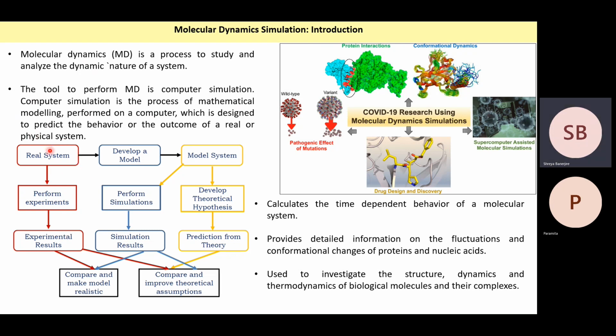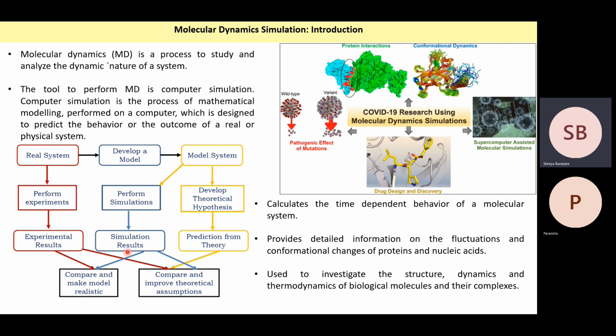Based on the real system, you can develop a model system, and on this model system, you can perform different simulations on a computer. This is generally done when performing experiments is either very time consuming or costly. So this model system can give rise to a theoretical hypothesis, which can be tested by these computer simulations.